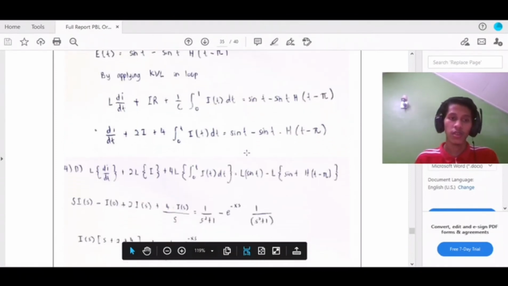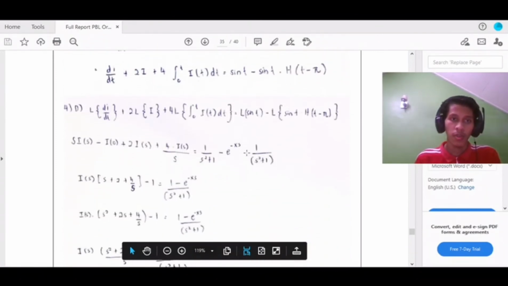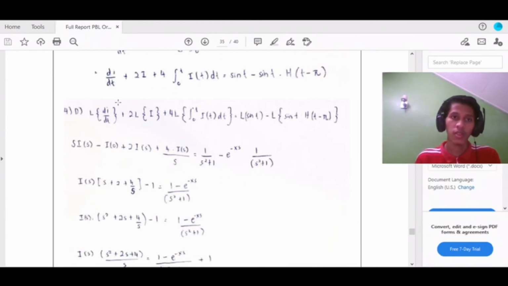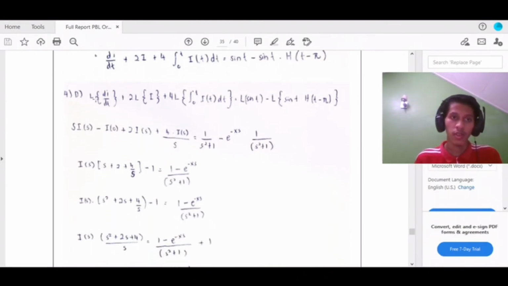For question D, based on question C, from the answer, L of di/dt plus 2L of i plus 4L of the integral of i dt equals L of sin t minus L of sin t h(t minus pi).